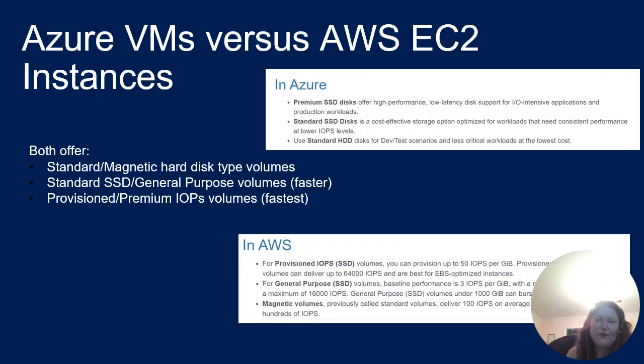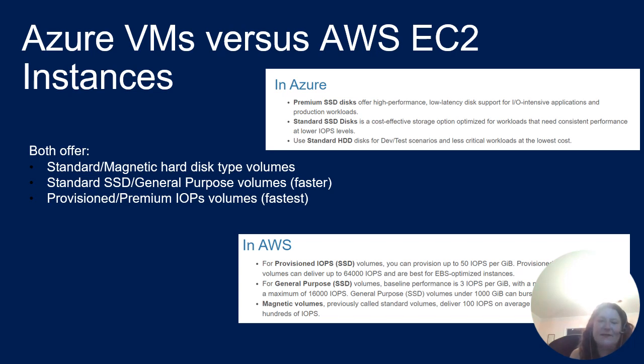So within the virtual machine options between Azure, AWS, and also Google Cloud, you do have different options for hard disks, for general purpose volumes, or SSDs we call them, and also for provisioned and premium IOPS volumes.